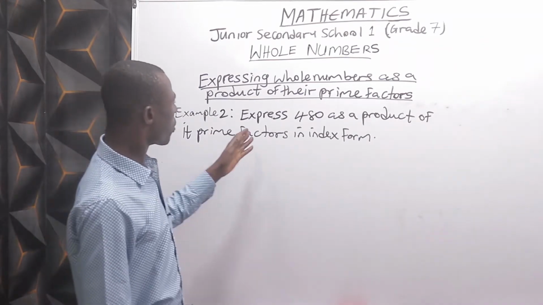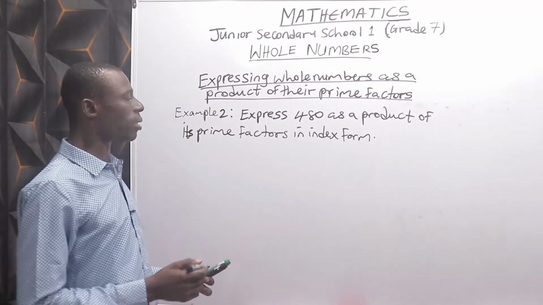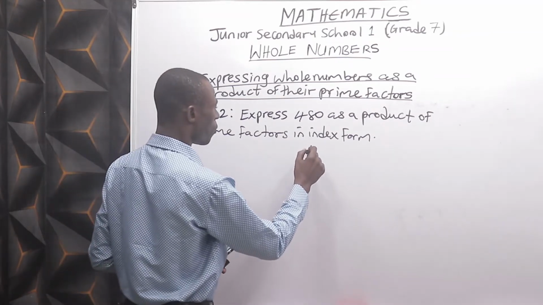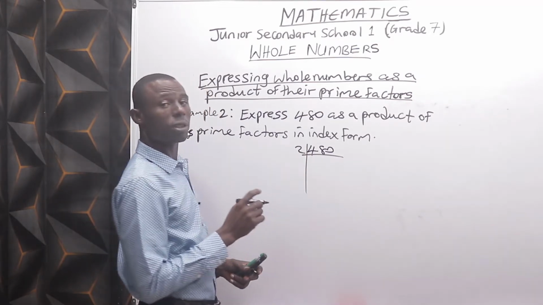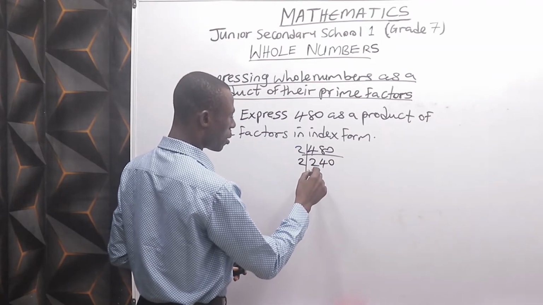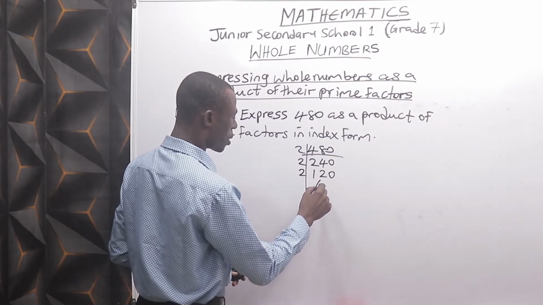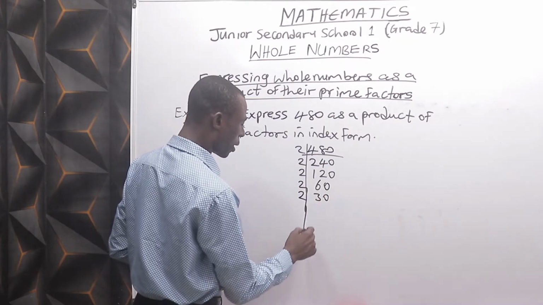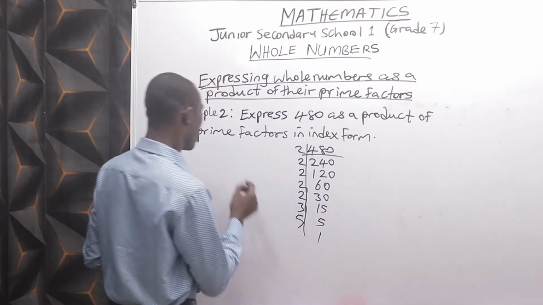Example 2. Express 480 as a product of its prime factors in index form. That is, 480. 2 is the least prime number that could divide this. 240. 2 again. 120. 2 again. 60. 2 again. 30. 2 again. 15. 3. 5. 5. 1.